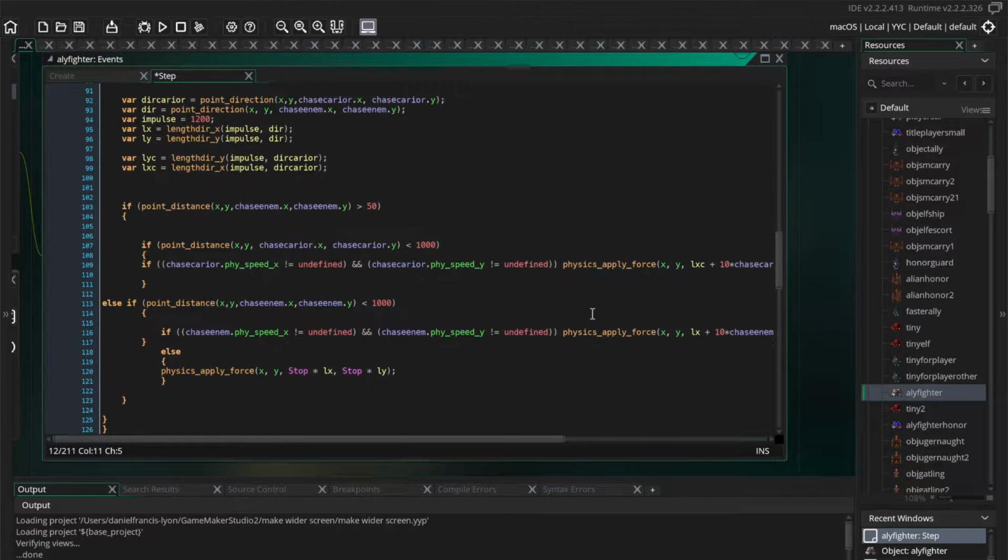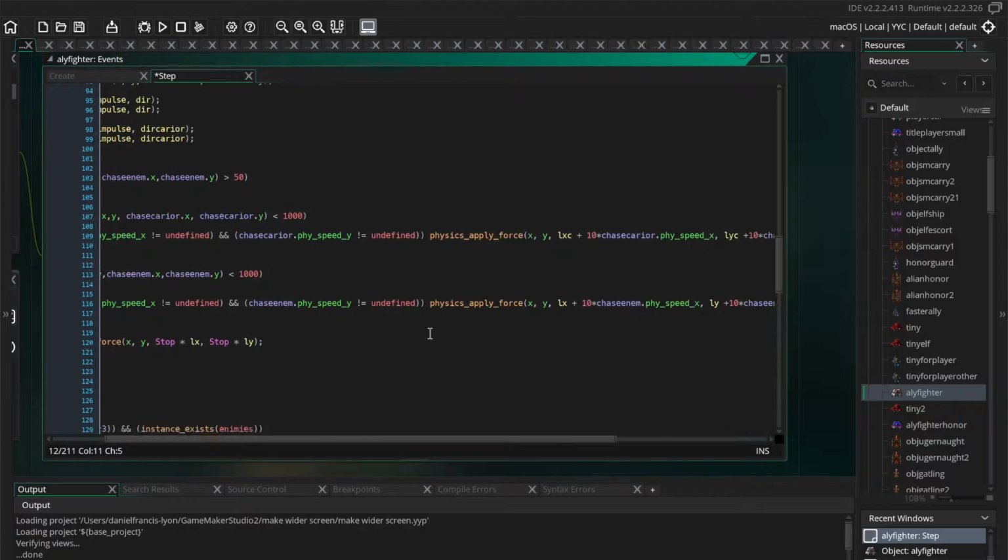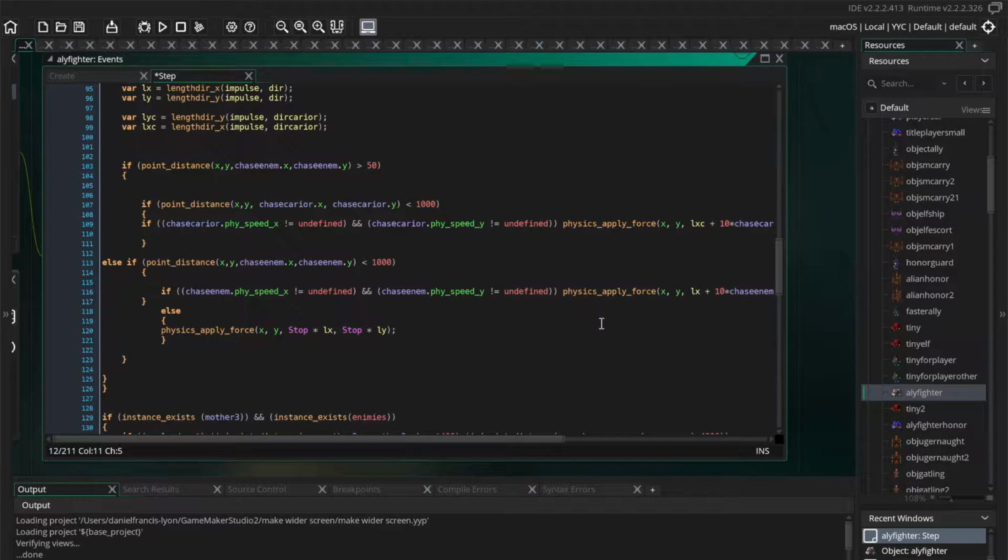So in this way, this fighter favors chasing the enemy mothership. If there are many enemies close by, it goes for the enemy mothership. But if the enemy mothership isn't close by, it just goes for the nearest enemy. And basically same thing here, apply the force.